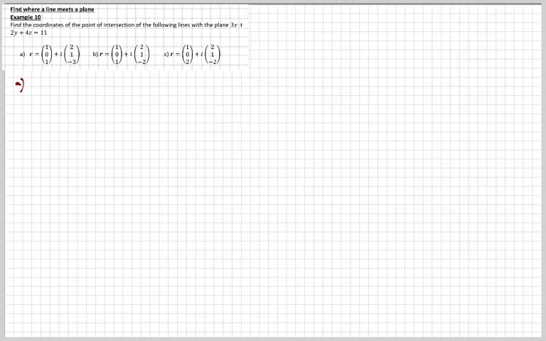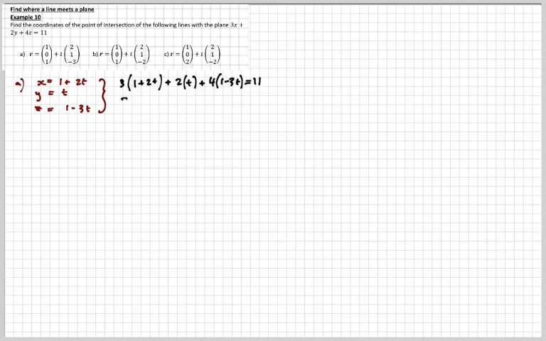So, example 10. Find where a line meets a plane. Okay, so these questions are all going to be of the same nature. So if we write the x, y, z values for the point on the line, we get 1 plus 2t, t, and 1 minus 3t. Okay, and if we substitute these values for x, y, and z into the equation for the plane, we should find the t value, which is when the point of intersection occurs.